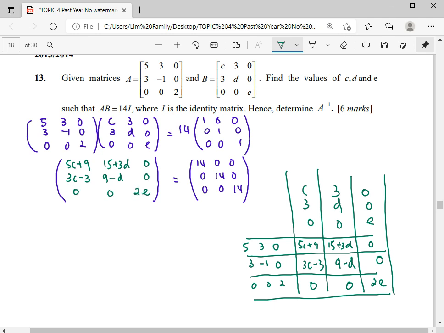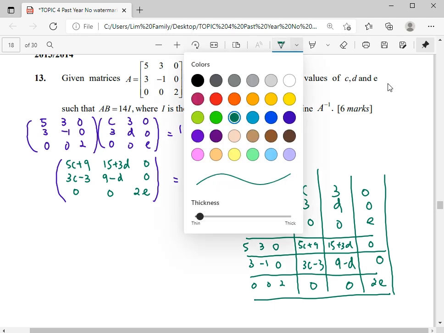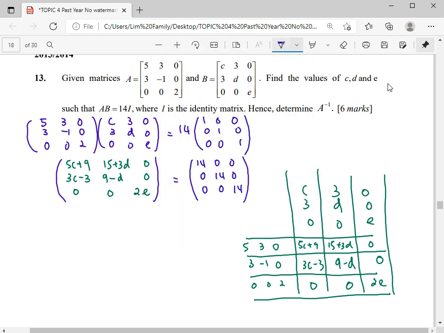When you say this matrix equals this answer, the elements should be equal. So 5C plus 9 equals 14. That's how we find C, D, E. We compare one by one. First, 5C plus 9 equals 14, so 5C equals 5, C equals 1.